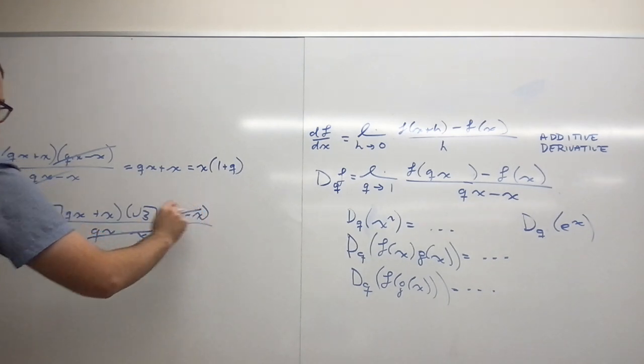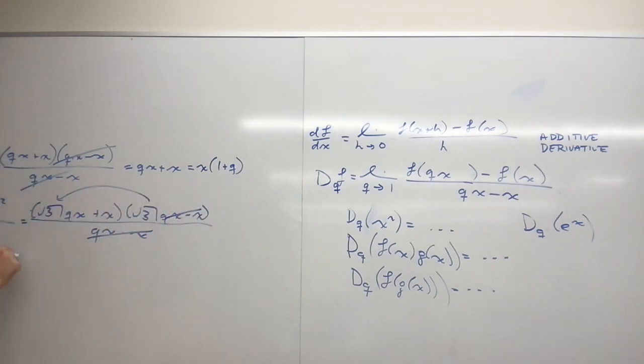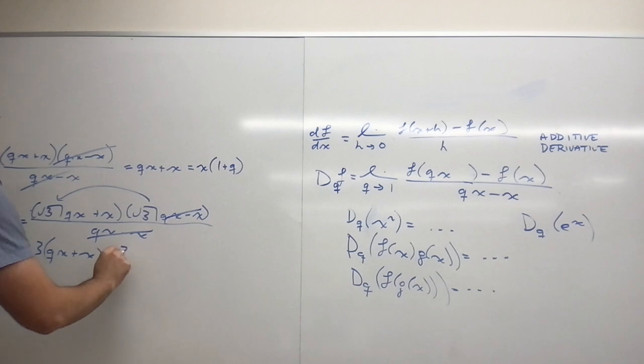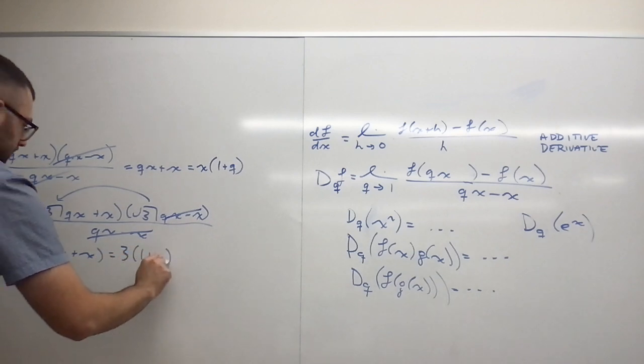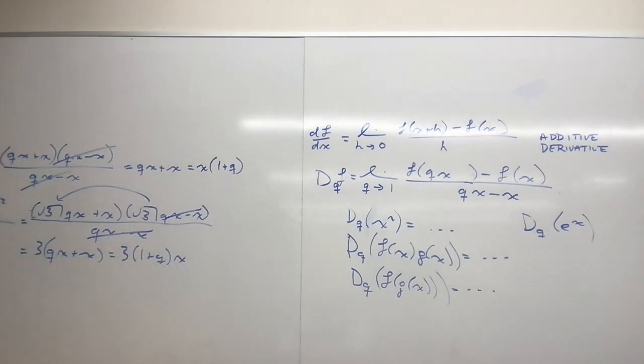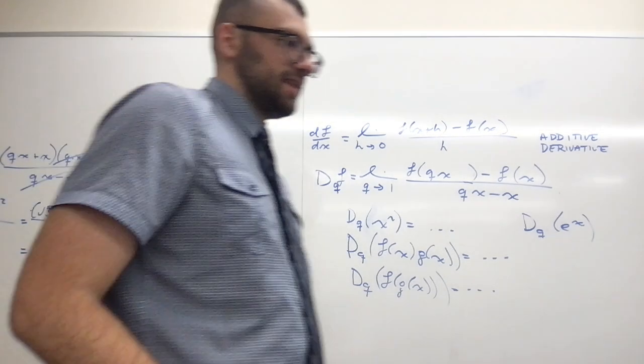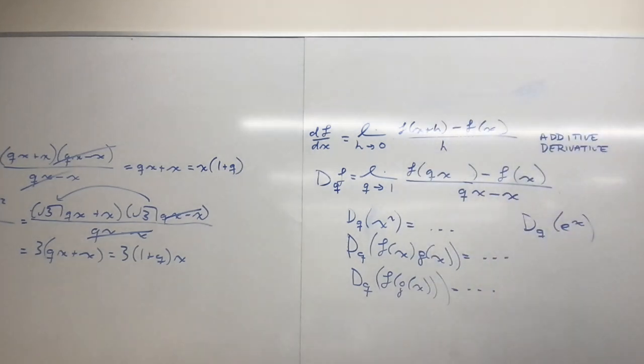This cancels with this. You get 3qx plus x, which is 3 times 1 plus q times x. So 3x plus 3qx. There we go.